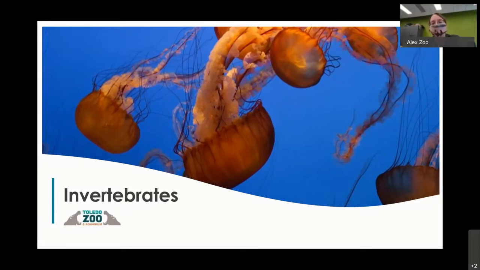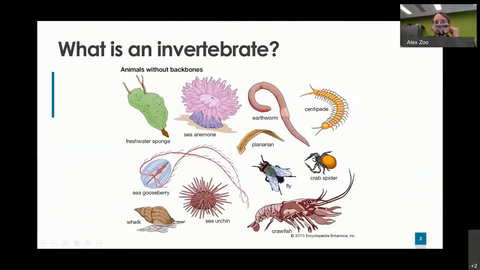But we'll also be talking about some marine invertebrates as well, because there are all sorts of different types of invertebrates. So to give us a little overview, an invertebrate, like we said, is an animal without a backbone, and there's actually a whole bunch of different groups.